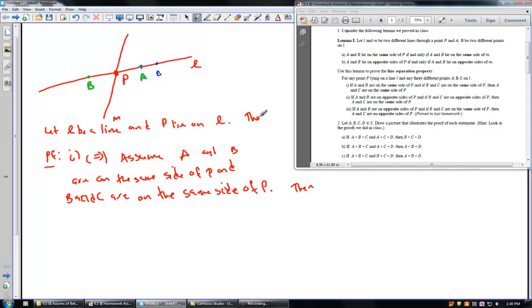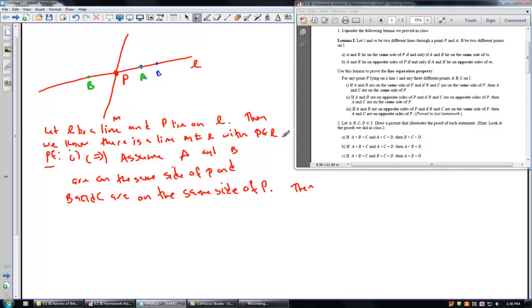So then we know there is a line M not equal to L with P an element of L. I'm running out of space here.